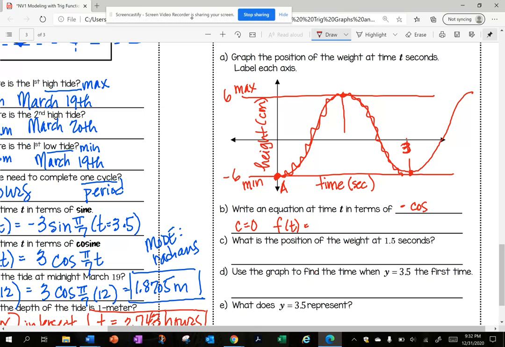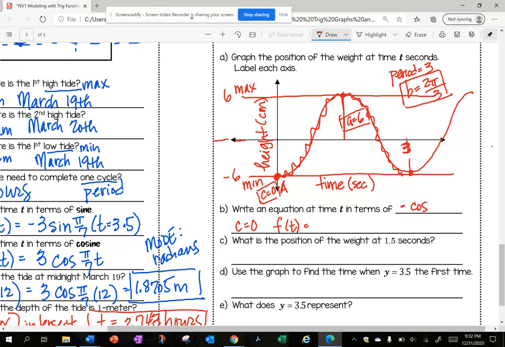My amplitude is 6. My period is 3. So b equals 2 pi divided by 3. Here my c value is 0.